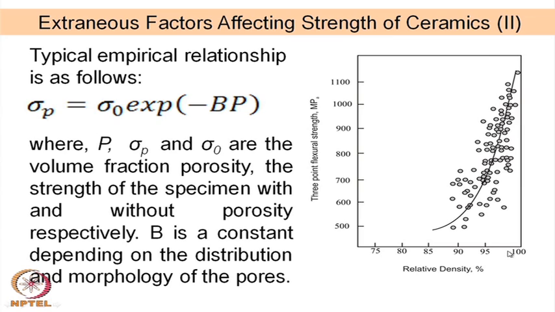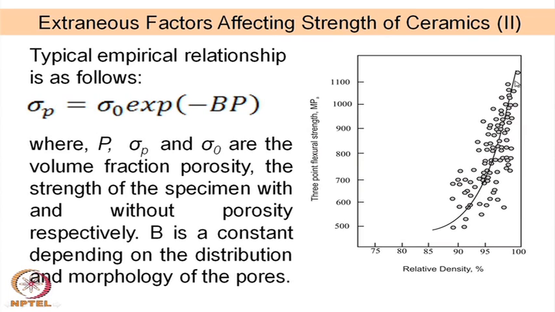That means, as the porosity decreases, this is plotted as the relative density. So, it is the inverse of porosity, and it shows the flexural strength here, of course not fracture toughness, it is a strength, the bending strength, which increases as a function of density.